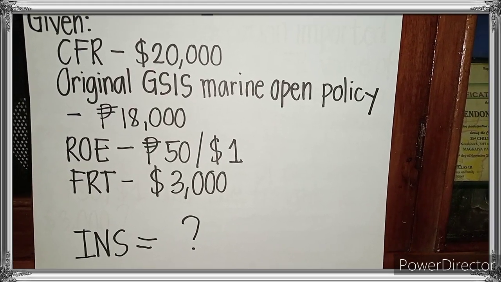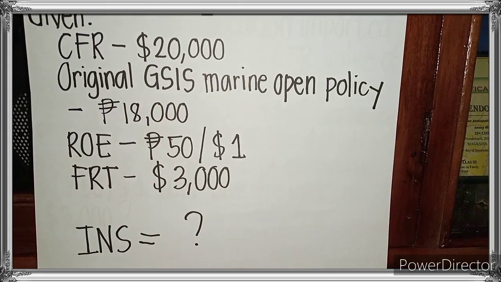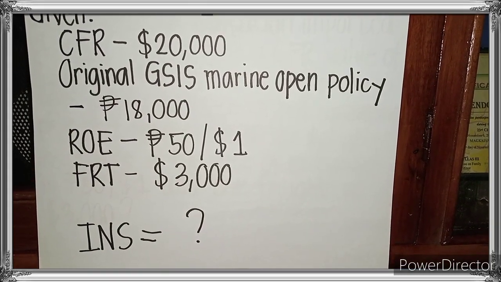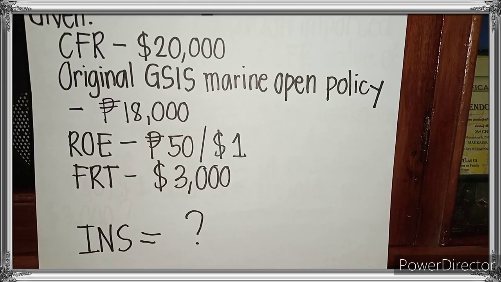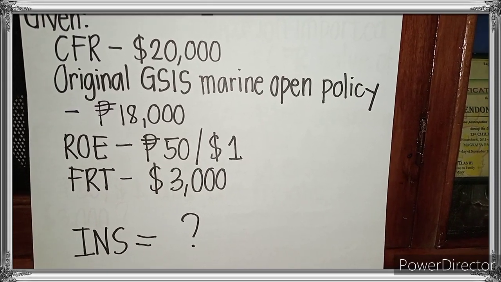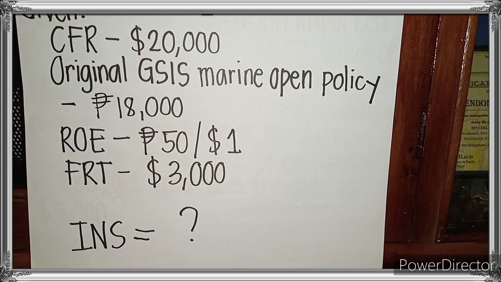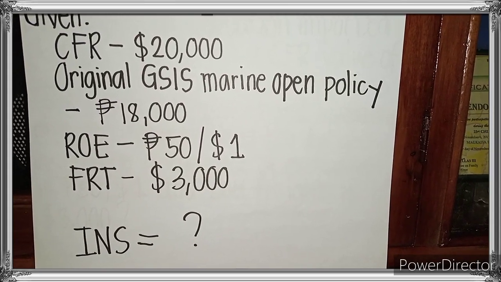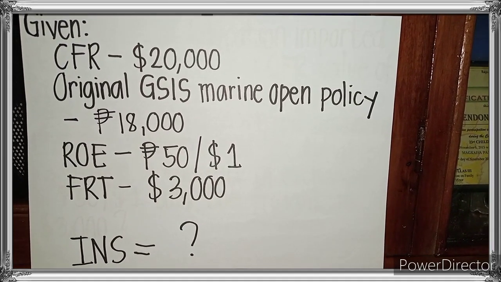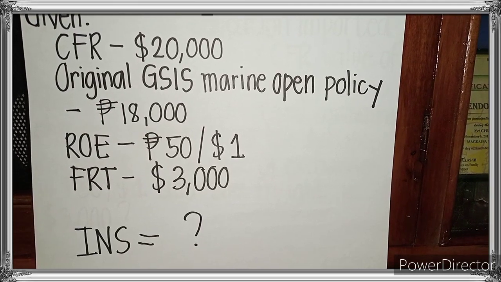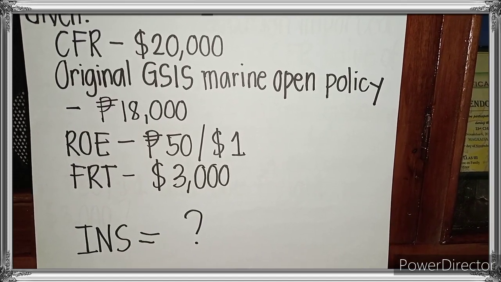Here are the given facts: CFR of $20,000, original GSIS Marine Open Policy worth 18,000 pesos, ROE or rate of exchange of 50 pesos per $1, and freight of $3,000.